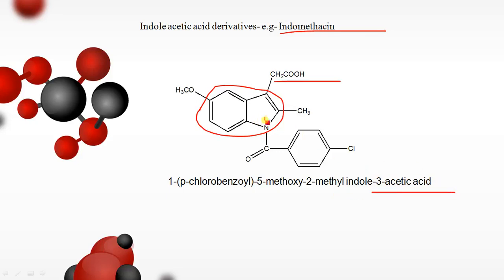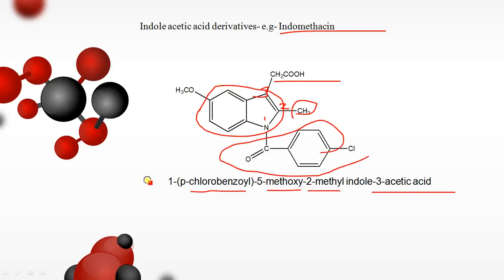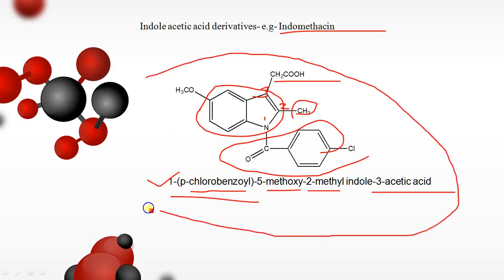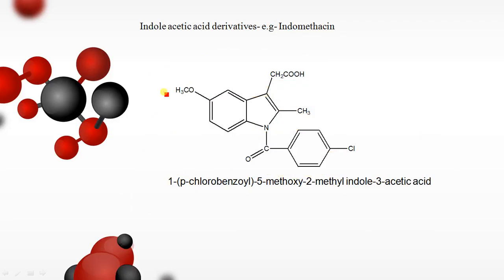Again, this is 1, this is 2, this one is 3, 4, and 5. This is 5-methoxy, 2-methyl. This one is para-chlorobenzoyl at the first position. This is acetic acid. This is the IUPAC of indomethacin, an indole acetic acid derivative.